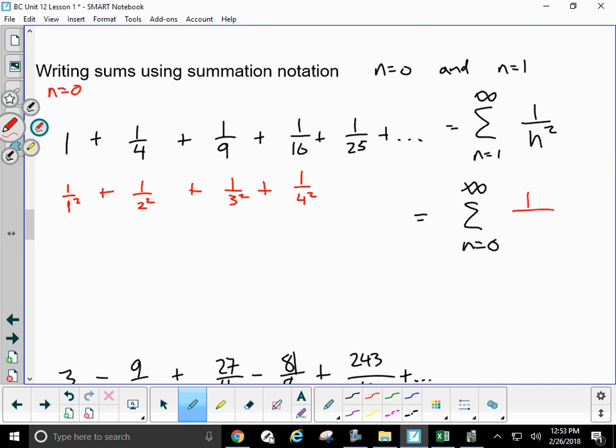Well, just take that n and add 1 and square it. Right? That makes sense because a 0 turns into 1, 1 squared, boom. So we need to be comfortable with writing things out using different starting points.